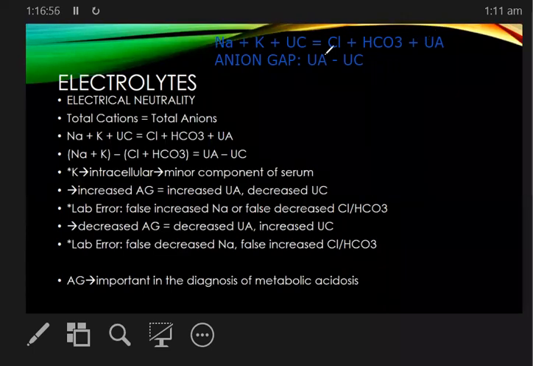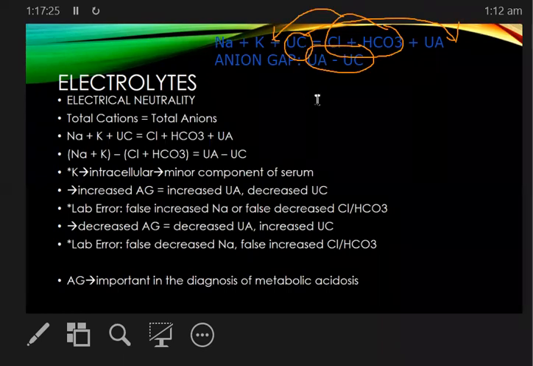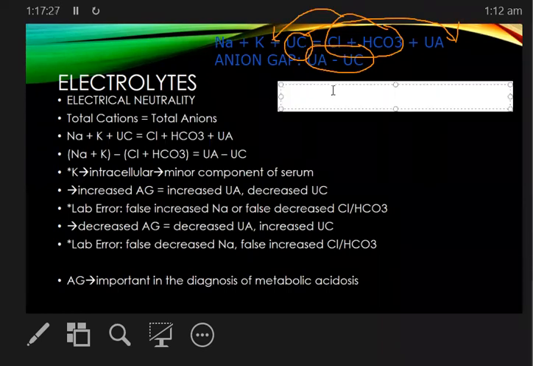Then we have to make use of your ability to transpose your variables. So, how can we arrive at this particular equation? Your unmeasured cations, this variable should be transferred to this side. And then your anions should be transferred to this side.